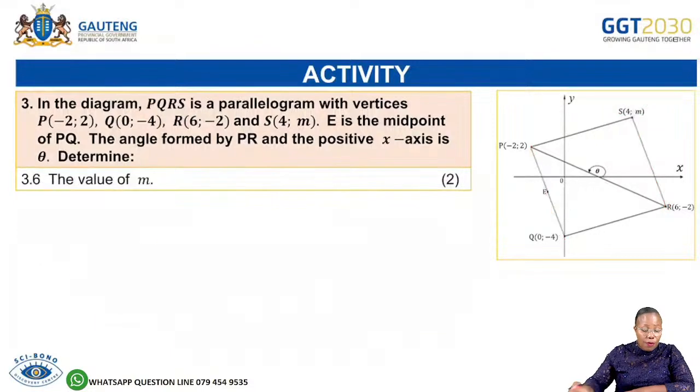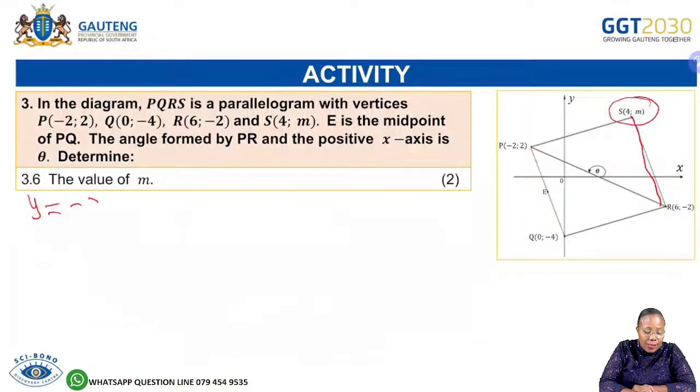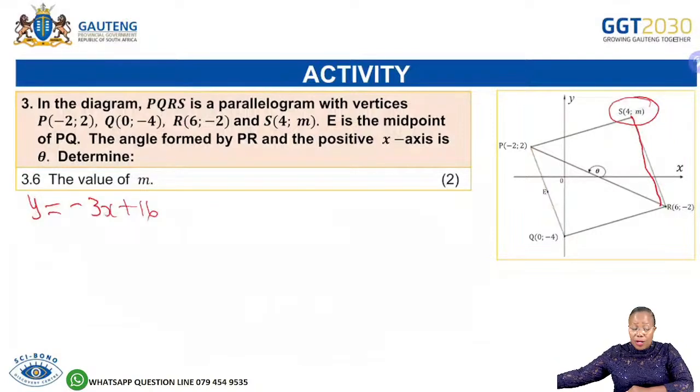And then now let's move on to 3.6. In the diagram, we are still using the same diagram, and then now we need to calculate the value of m there. Remember, we have an equation of this line already. We have calculated that the equation of line SR is y = -3x + 16 from the previous question 3.5. Now, if you want to find the value of m, we are going to take this point S there and substitute as x and y.